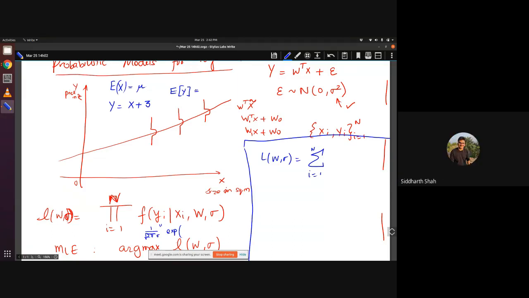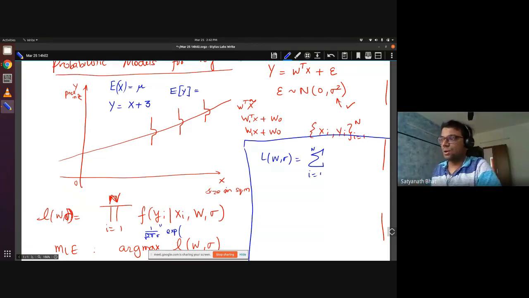Mu plus 3. Yeah, so that is it. Now here you have normal with mean 0. So when I take the expected value of y, the mean will be W transpose x, which will be the center. We don't know what that W transpose x is, but that is where MLE comes into play. That's what we do in MLE.